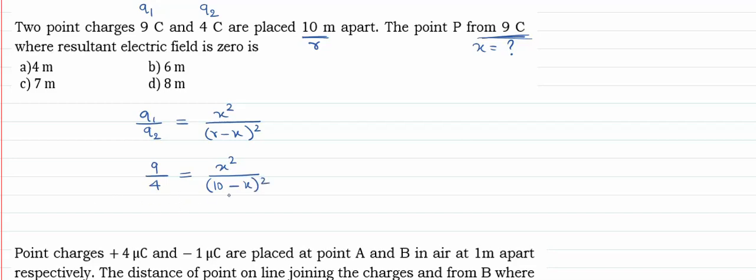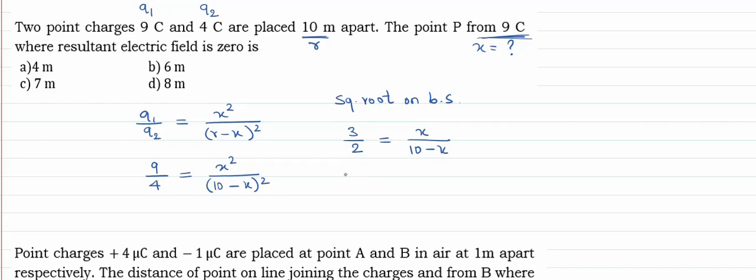Here most students will square the bracket (10 minus x) in the denominator and simplify, but it will be lengthy. If you observe, all four terms are perfect squares. So take the square root on both sides. You'll have 3 by 2 is equal to x by (10 minus x).